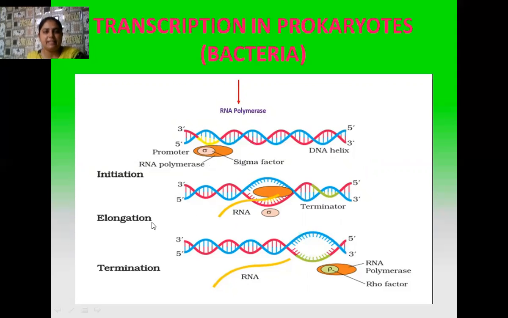So here in the second step, we have elongation, that is the binding of the various nitrogenous bases according to the complementary rule by taking guidance from the template strand of the DNA, whose polarity is in 3' to 5' direction. And as soon as the structural chain as well as the RNA polymerase enzyme reaches the terminator region, there is a factor present at the terminator region, and that is known as the Rho factor.